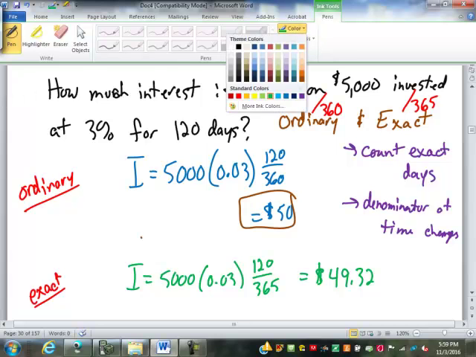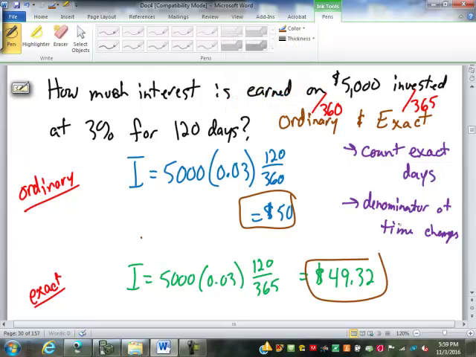Perfect. So you can see there's 68 cents to the bank's advantage. If you owe them money on a loan, they're going to charge ordinary interest. You're going to pay $50. If they owe you money on an investment, they're only going to pay you exact interest, $49.32. So they save that 68 cents.